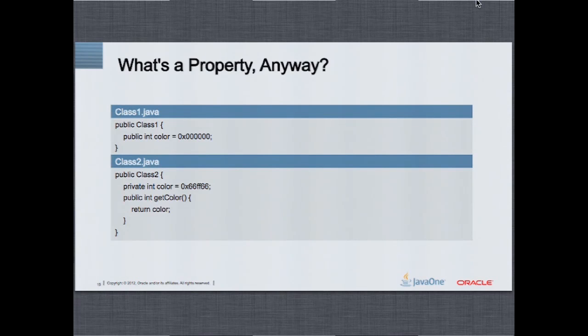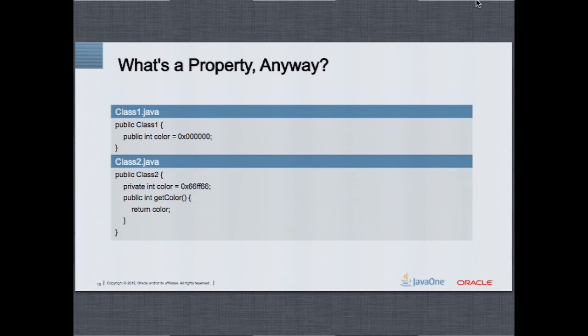All right. Small digression: let's consider what is a property on an object. Here we have two examples. I will probably be going with this object.color example for most of the talk. It's very simple to understand, and it demonstrates most of the concepts. So you can have a class that has a public field.